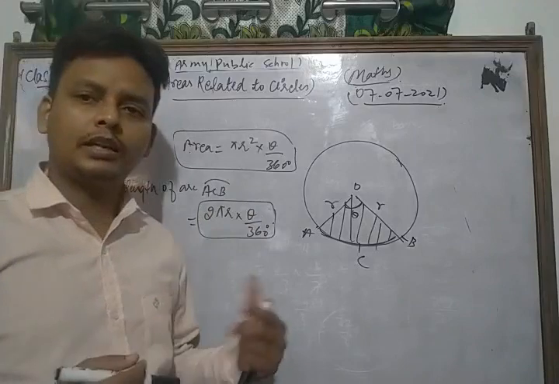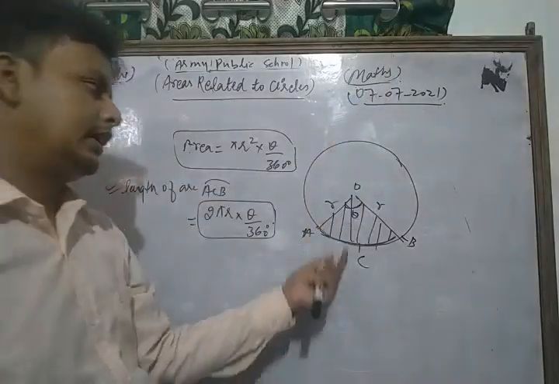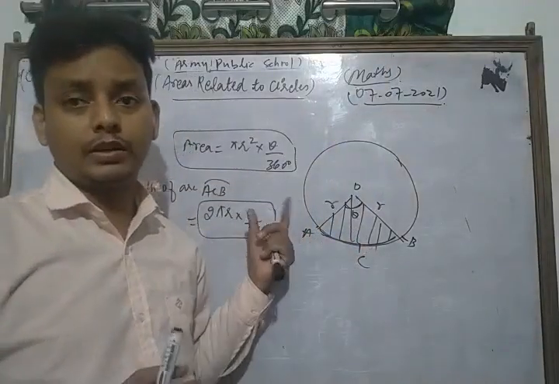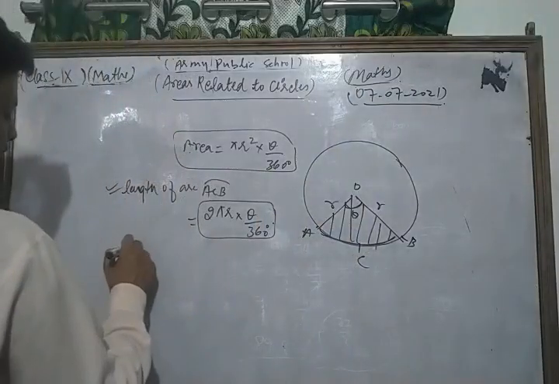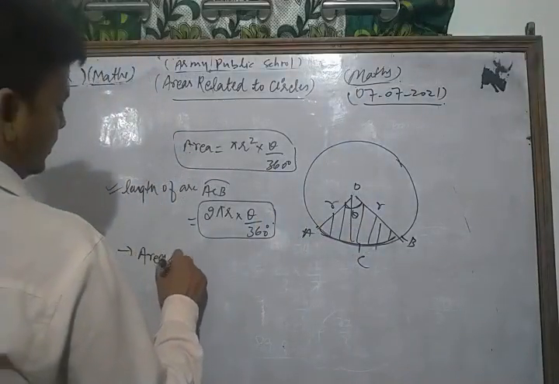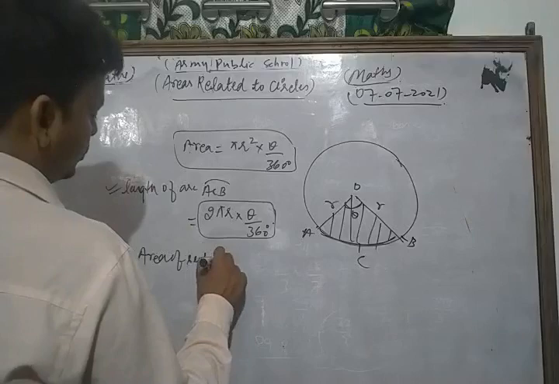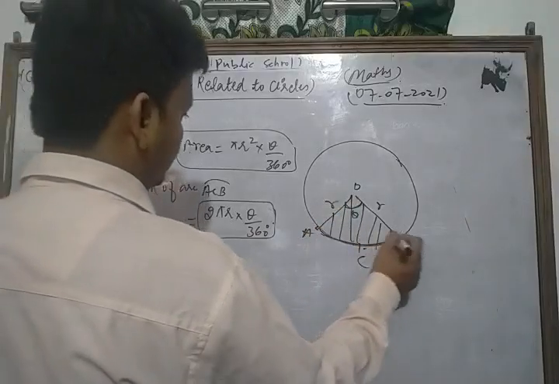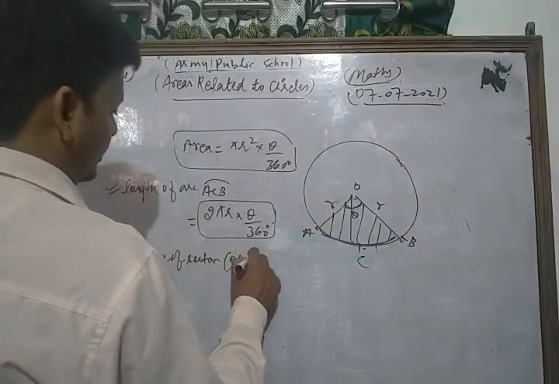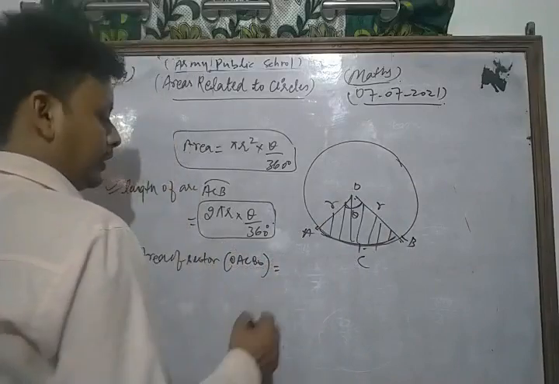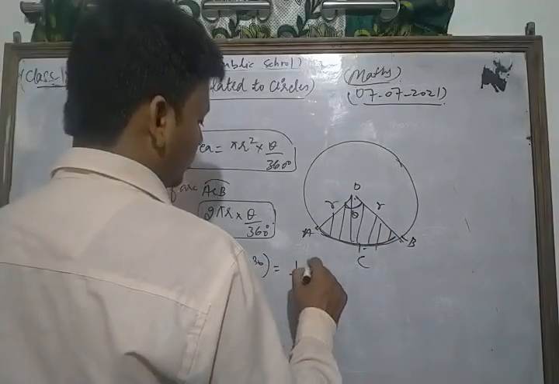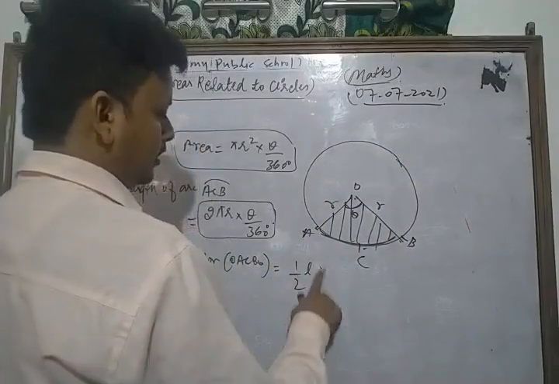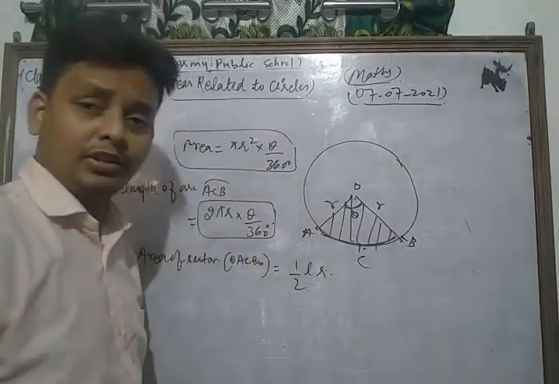This is the formula to find the length of arc. If we have the length of arc, the area of the sector OACBO is also obtained by the formula 1 upon 2 into length of arc into radius. This is the formula for the area of sector.